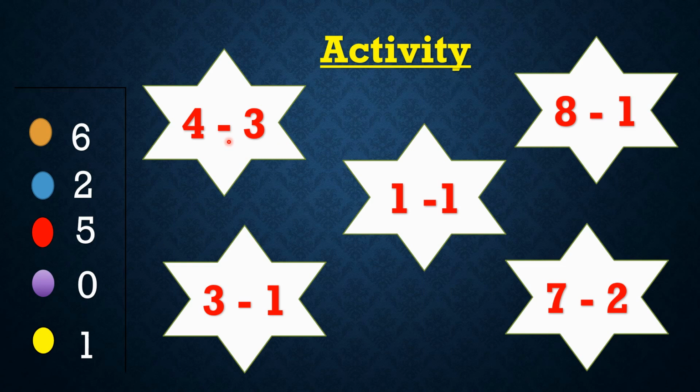Like that you do all these sums. Solve them, and whichever answer comes, you have to color that star. Like 4 minus 3 is equal to 1, so here you can put yellow color.